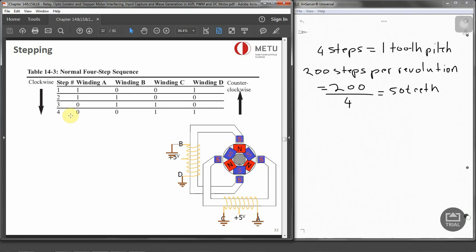This means that the minimum step angle is always a function of the number of teeth on the rotor. And the steps per revolution is the total number of steps needed to rotate one complete rotation, or 360 degrees. So in other words, we can say that the smaller the step angle, the more teeth the rotor has.